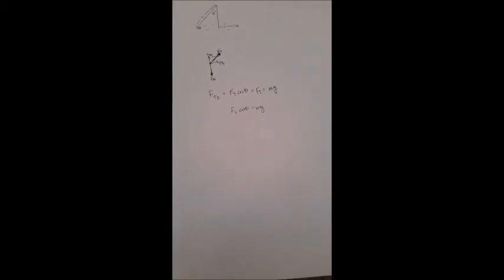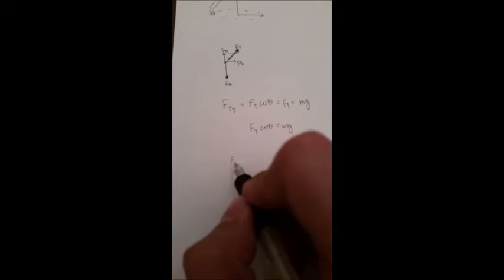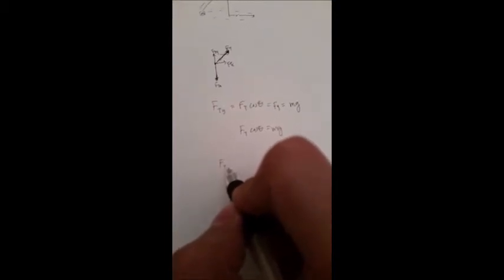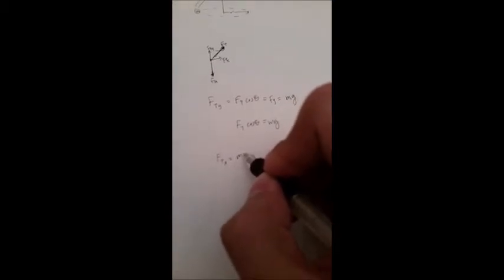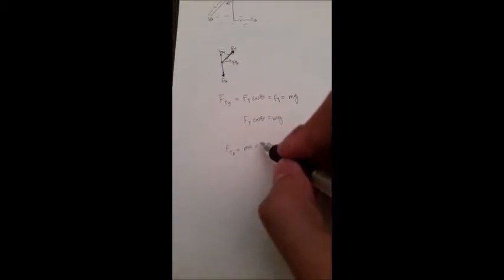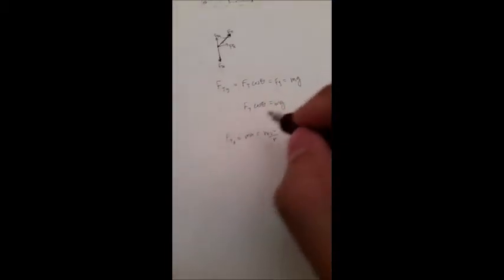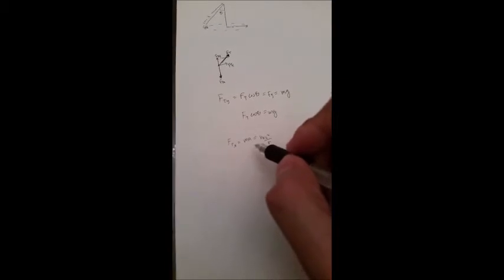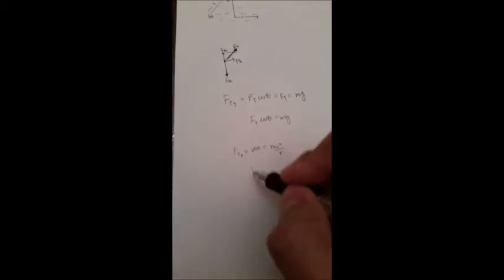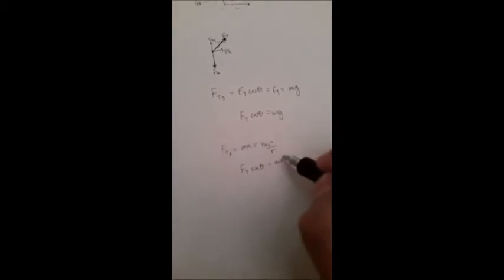And from our circular motion, we know that Ftx is equal to ma, which is equal to mv squared over r. And we know that Ftx is equal to Ft sine theta. So we get Ft sine theta is equal to mv squared over r.